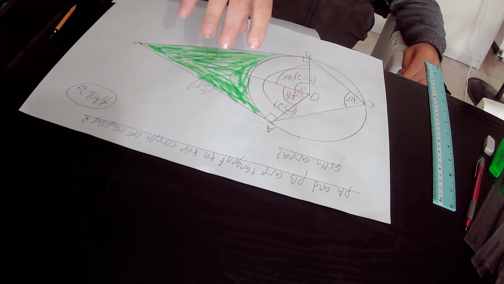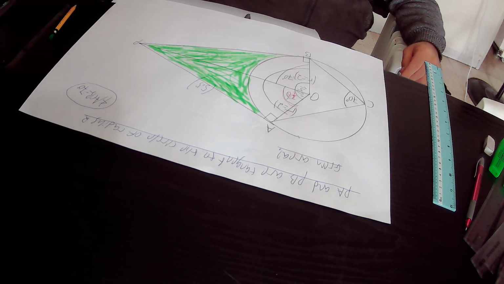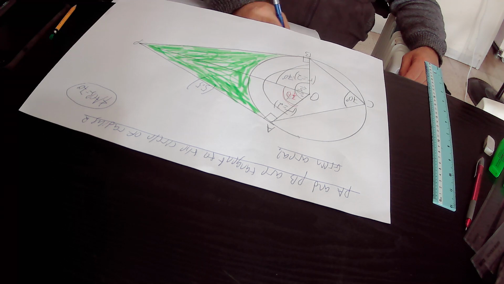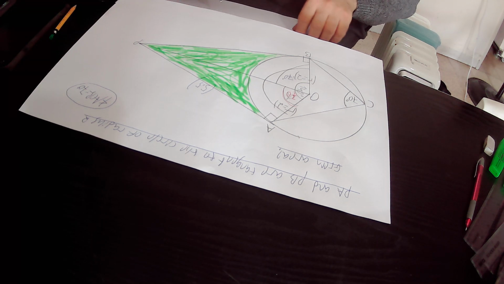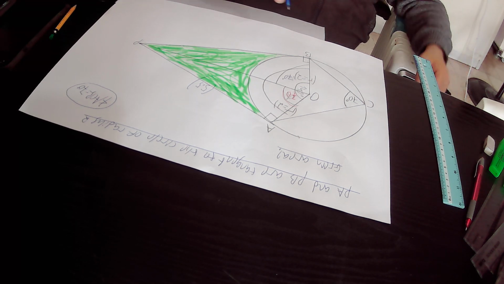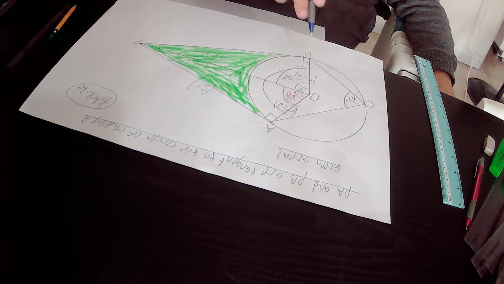Our mission is to find out the area of this green shape. So what is the area of the green shape? From the drawing it is very easy to see that the area of this green shape equals the area of the upper right triangle AOP plus the area of the lower right triangle BOP.